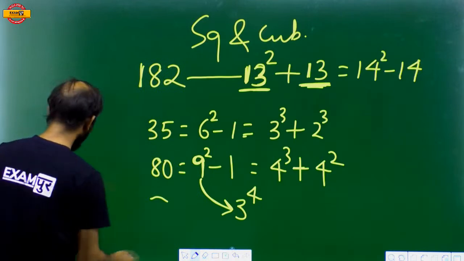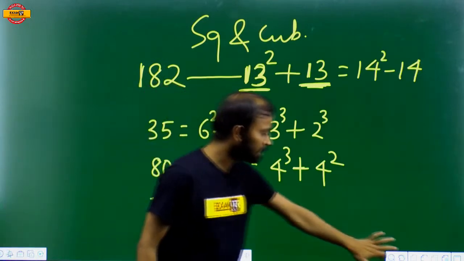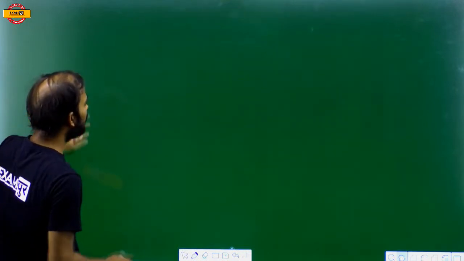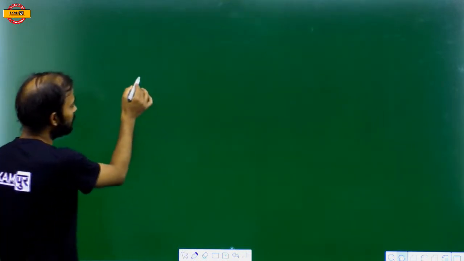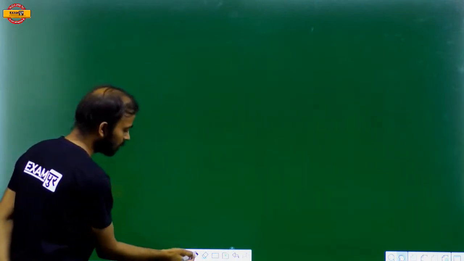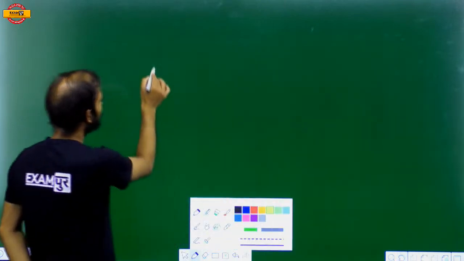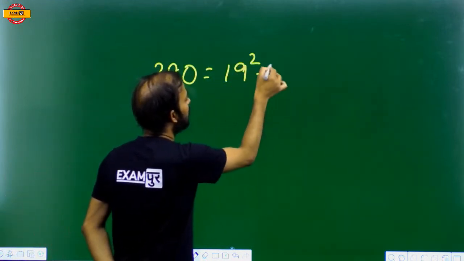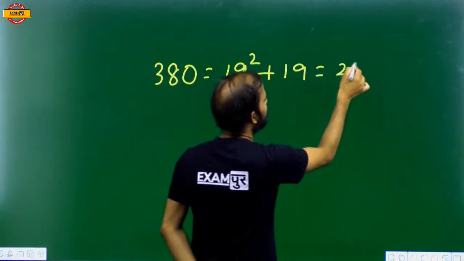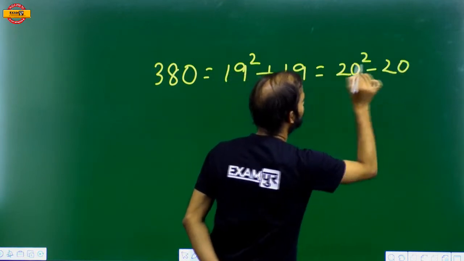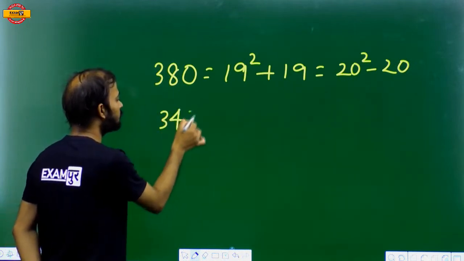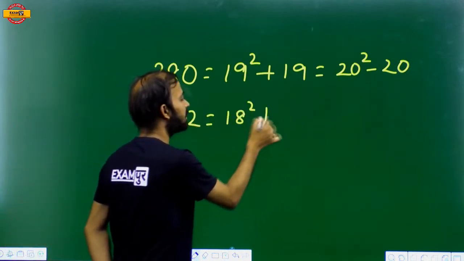Any number can be related in the form of squares and cubes. Like 380, for example: 19 square plus 19, and 20 square minus 20. And another number, 342, is 18 square plus 18.